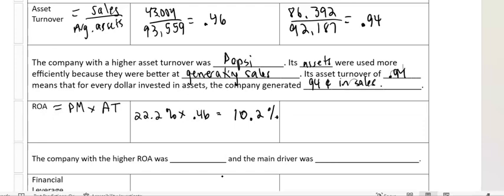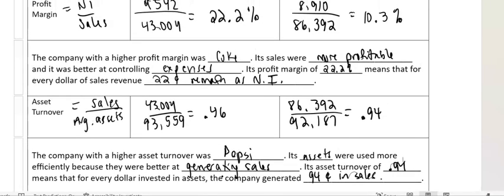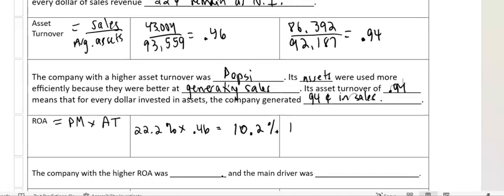And for Pepsi, we're going to multiply 10.3% times asset turnover of 0.94. And that's going to give us 9.7%. So we see who won this battle here.